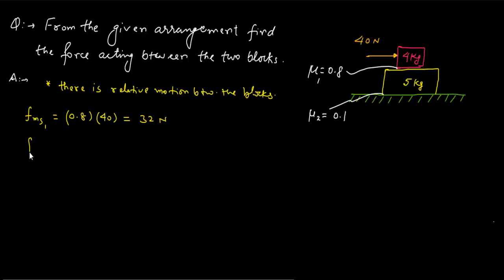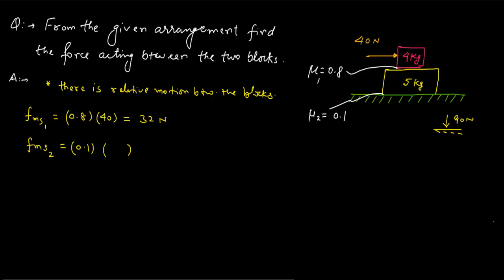Now the force of maximum static friction acting between this 5 kilogram block and the surface is the coefficient of static friction 0.1 times the normal reaction. The normal reaction means the action on the surface below, and the force acting on it is 90 Newton, the weight of both the blocks.